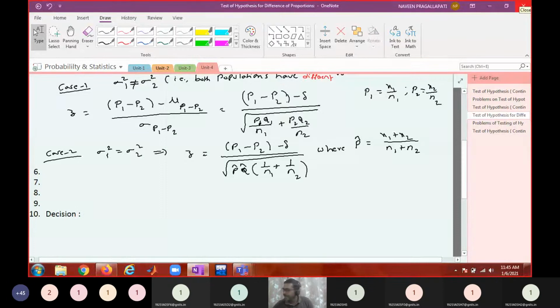Okay, so decision depends on the test statistic and the critical value comparison. You will be writing your decision.